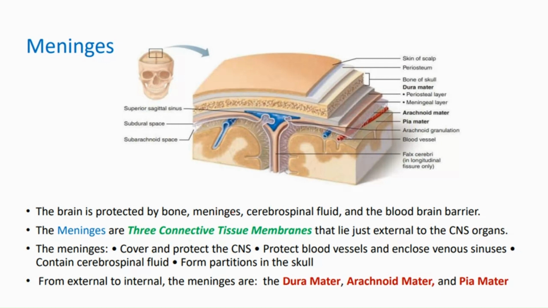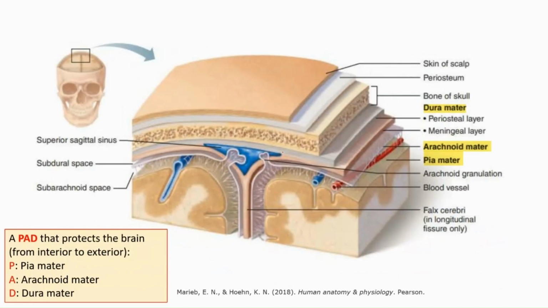Now the meninges are three connective tissue membranes that lie just external to the CNS organs. We will zoom in here. We have three important layers of the meninges, which are the dura mater, the arachnoid mater, and the pia mater. These are connective tissue.